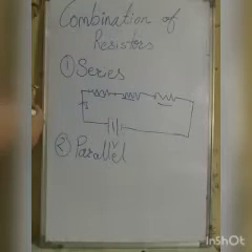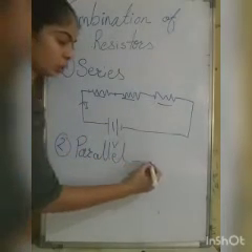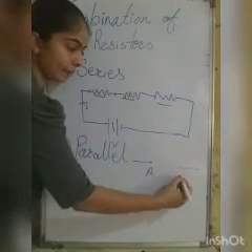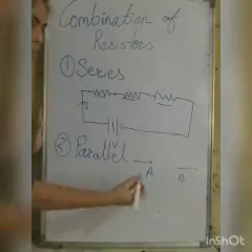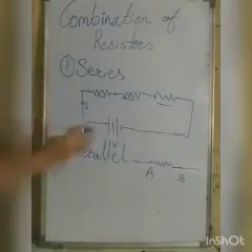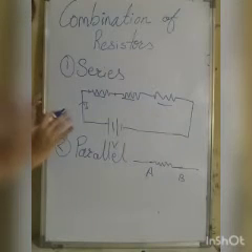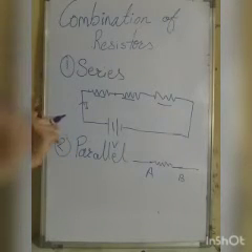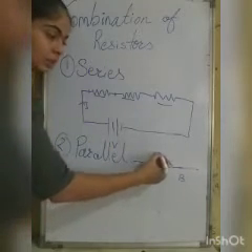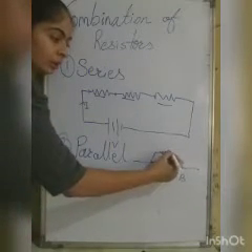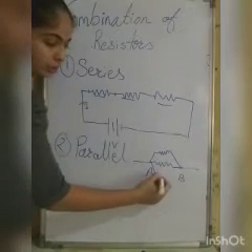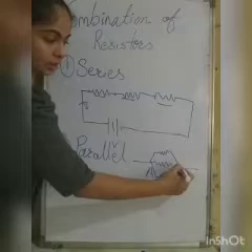In parallel connection, between two points A and B, there are resistances like here also. But the start point and the end point of all these resistances is common.